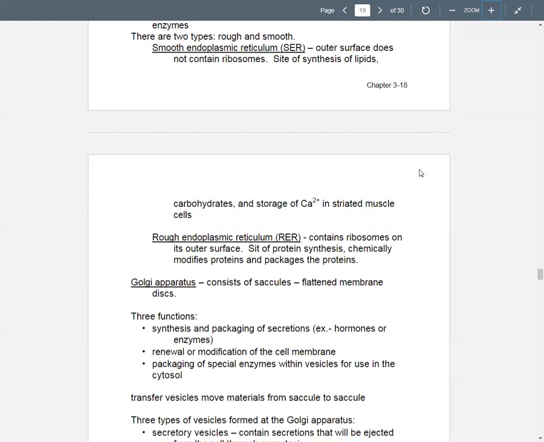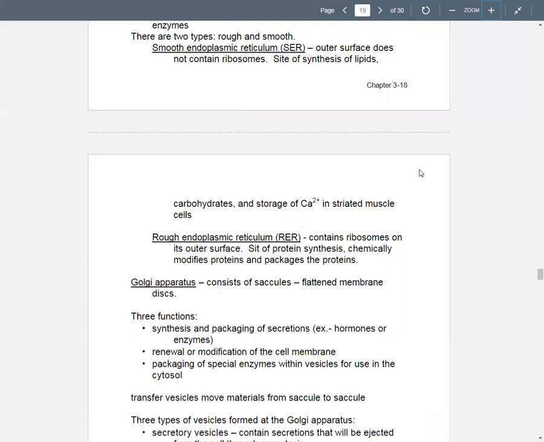Because there are no ribosomes, that means it can't make protein. So what does it do? Well, I'm glad you asked. Instead of making proteins, it makes lipids and carbohydrates. All right. It also stores calcium in the case of striated muscle cells. Okay, so that's the smooth endoplasmic reticulum.